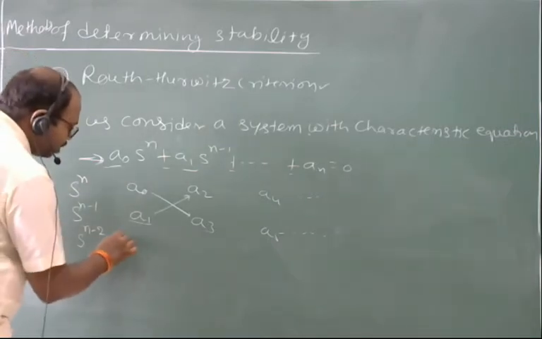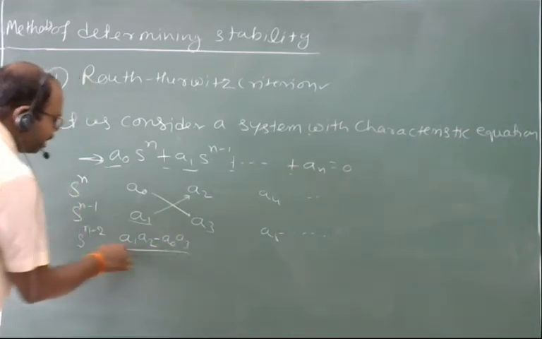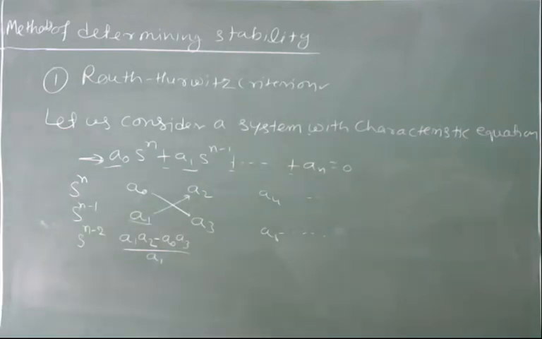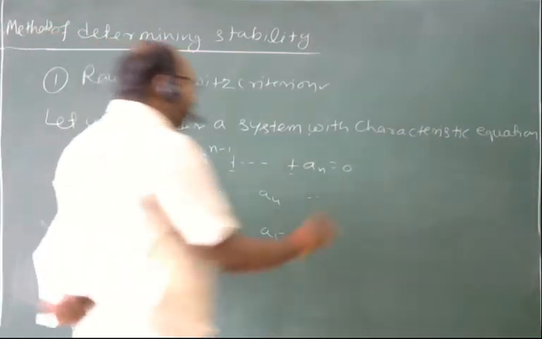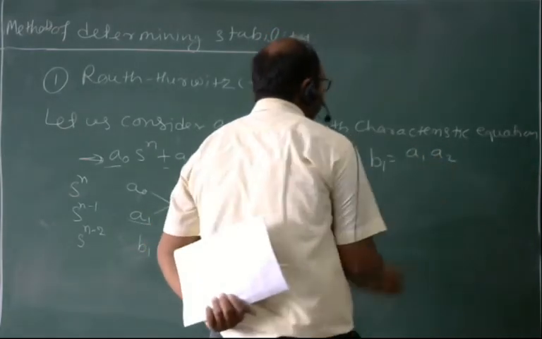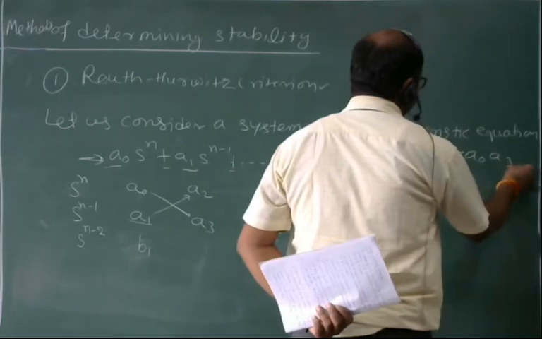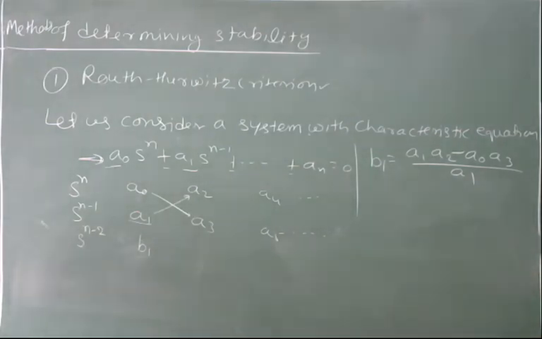It means a1 a2 minus a0 a3 divided by a1. If I write it as b1, then what will be b1? a1 a2 minus a0 a3 divided by a1. Now it is clear.